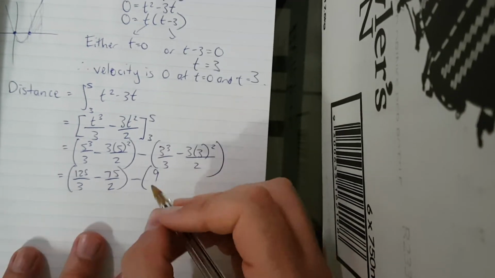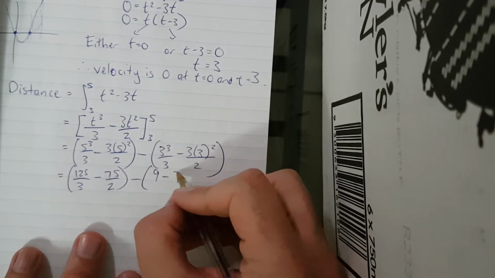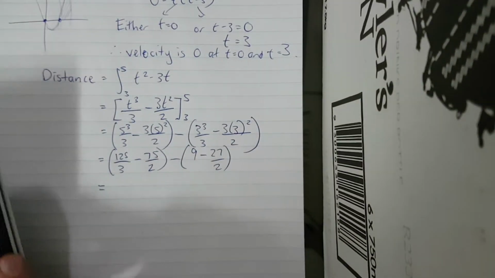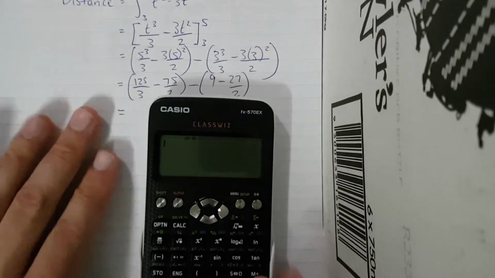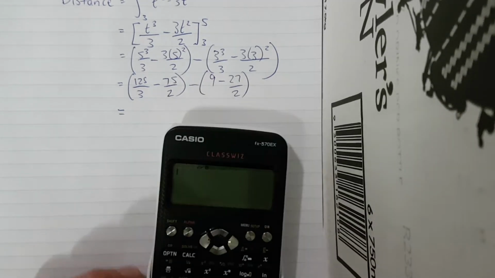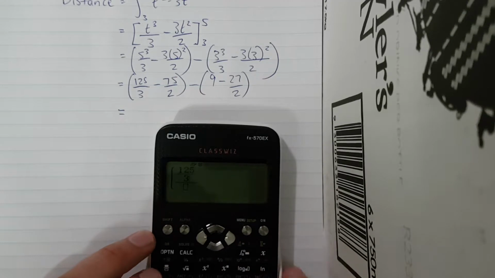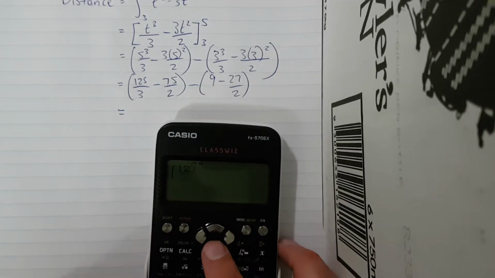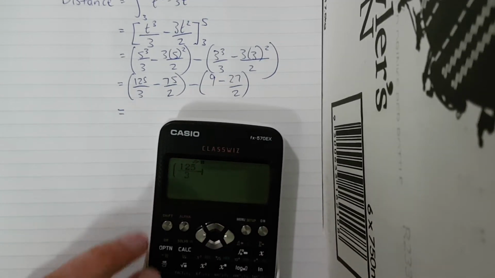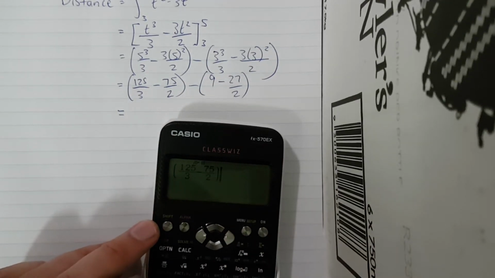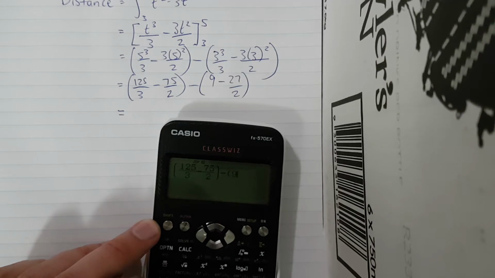27 divided by 3, that'll just be 9. Take away 27 on 2. So if we put that in our calculator, make sure we get our bracketing right. 125 on 3, take 75 on 2, take away, open brackets again, 9, take away 27 over 2, close it all off.